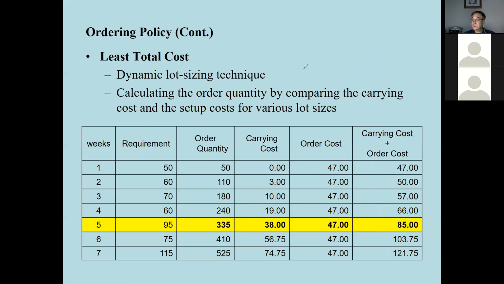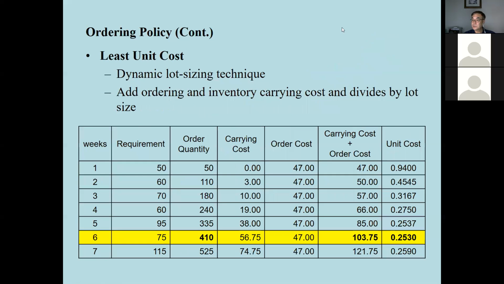And next one, least unit cost. So add carrying cost and order cost. That will be 47, 50, 57, 66, and so on. And then divide by order quantity. So 47 divided by 50 is the unit cost, and this cost divided by order quantity is 0.4545.